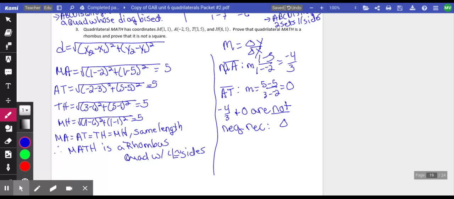Therefore, MA is not perpendicular to AT, and MATH is not a square.